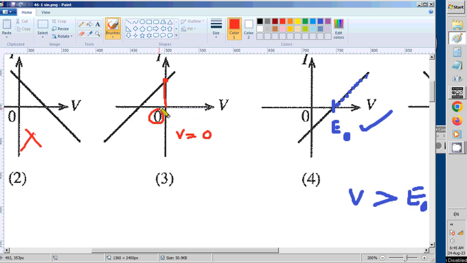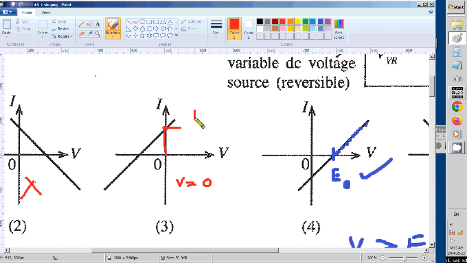The current is some value that is not equal to 0, and also it is positive. It is positive means greater than 0. It is positive because this side is positive, this side is negative.